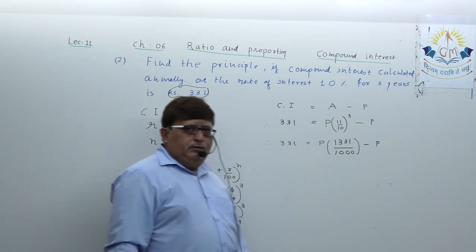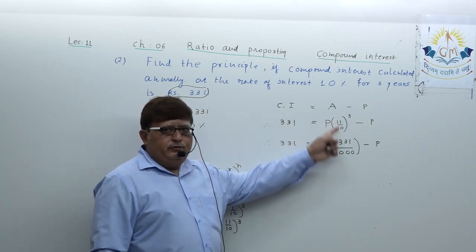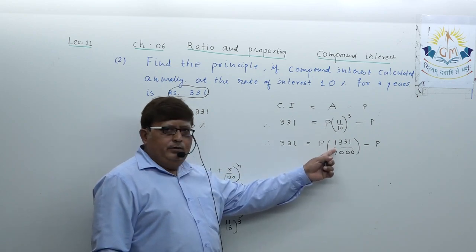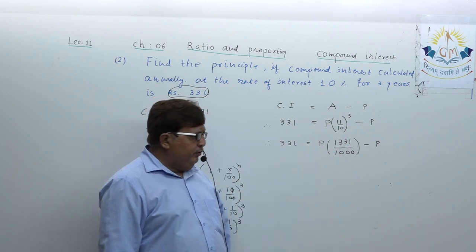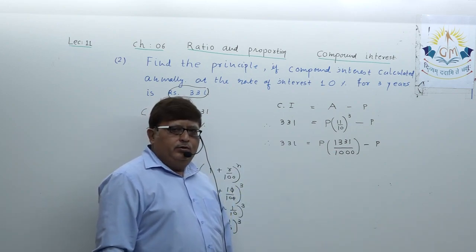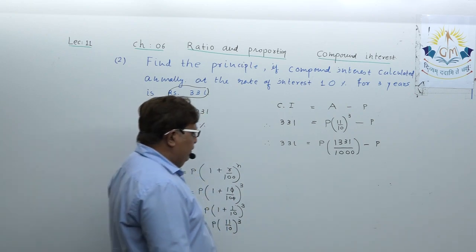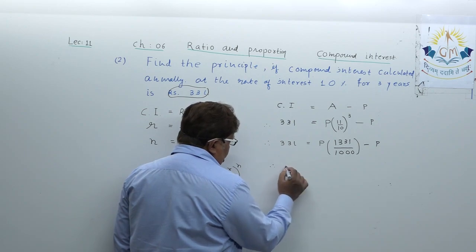We got 1331 upon 1000. Just you cubed this fraction. 11 cube, 11 into 11 into 11, 1331. 10 cube, 10 into 10 into 10, 1000. Okay. Next step, dear student.